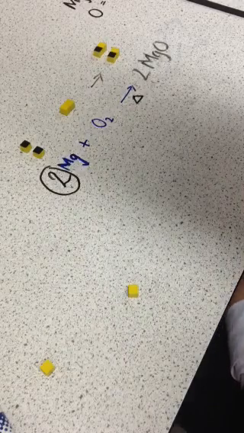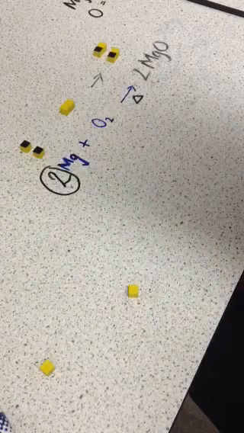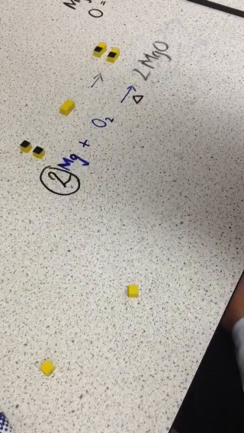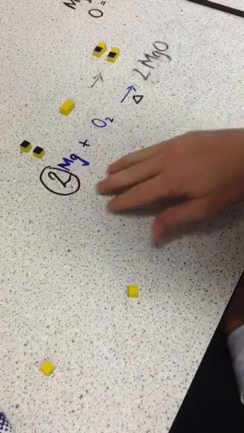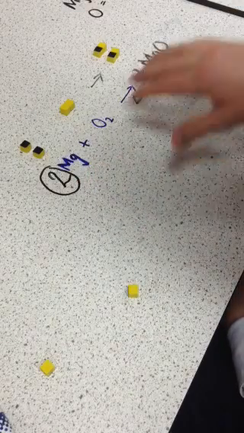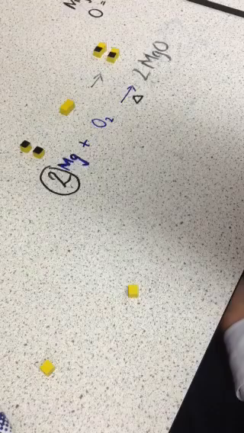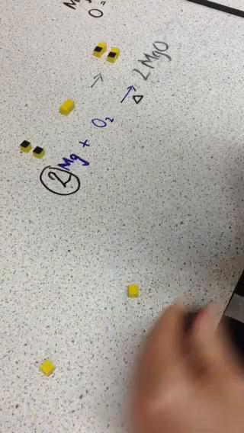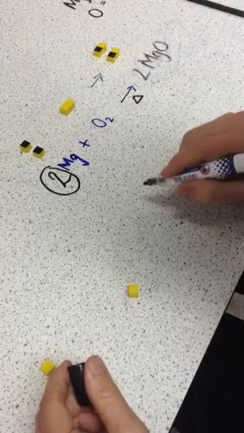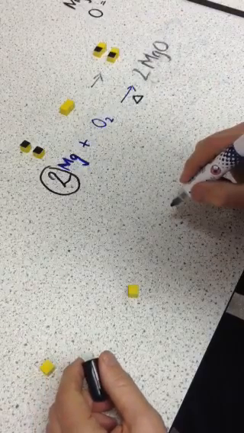Okay, and the way we do this is to work out, using the balanced equation, which is the real way it works, how much of each of these things would react with each other. So for example, you can see over here that Mg is 24 and oxygen is 16.